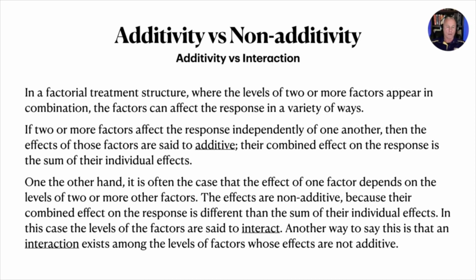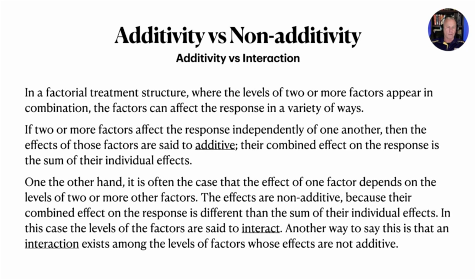If two or more factors affect the response independently of one another, then the effects of those factors are said to be additive. Let me say that again. The effects of two factors are additive if they affect the response independently of each other. Their combined effect on the response, in this case, is the sum of their individual effects.